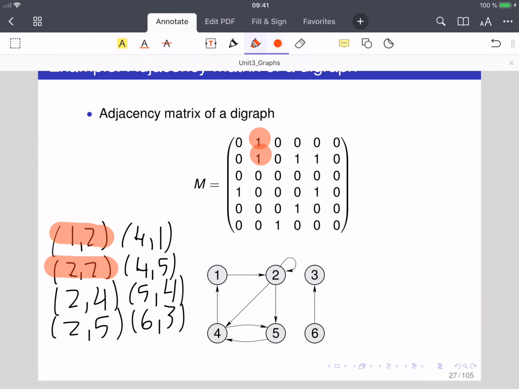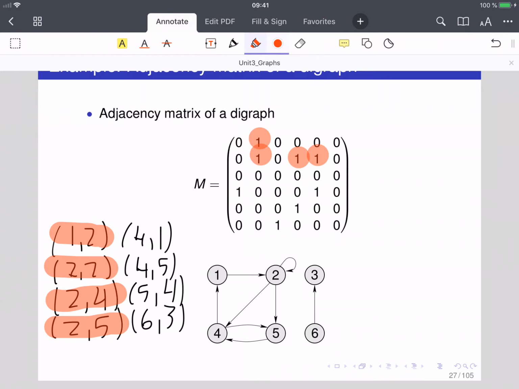We also have this one here which corresponds to edge 2, 4, this one here that corresponds to edge 2, 5, and notice that in row 3 we have no 1 at all, because there is no edge coming from vertex 3.